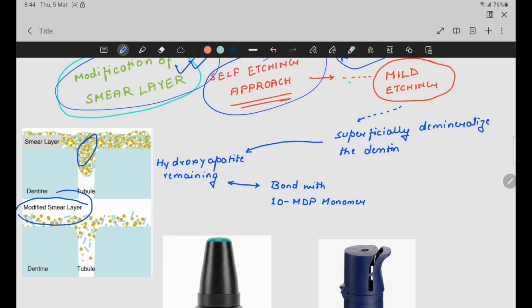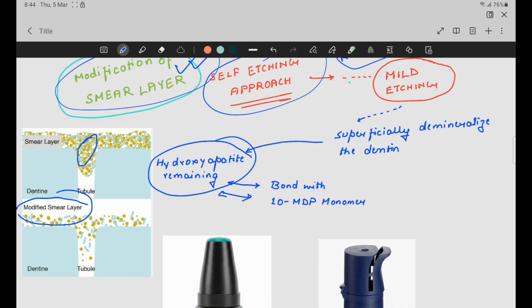Since we gently soften the surface of the dentine, hydroxyapatite is still remaining behind, and this lets us form a chemical bond with the 10-MDP monomer, which creates a stable calcium salt. Now this bond is what keeps the connection between the resin and dentine strong for a very long time.